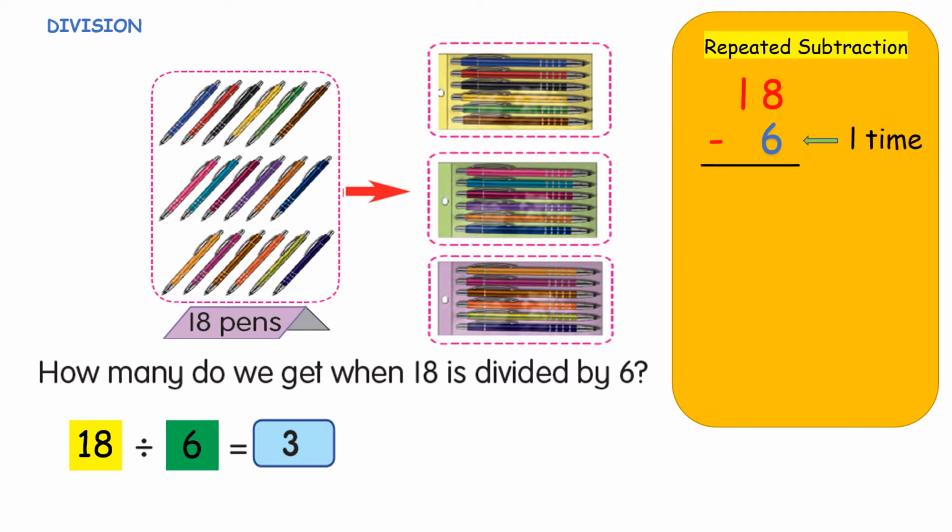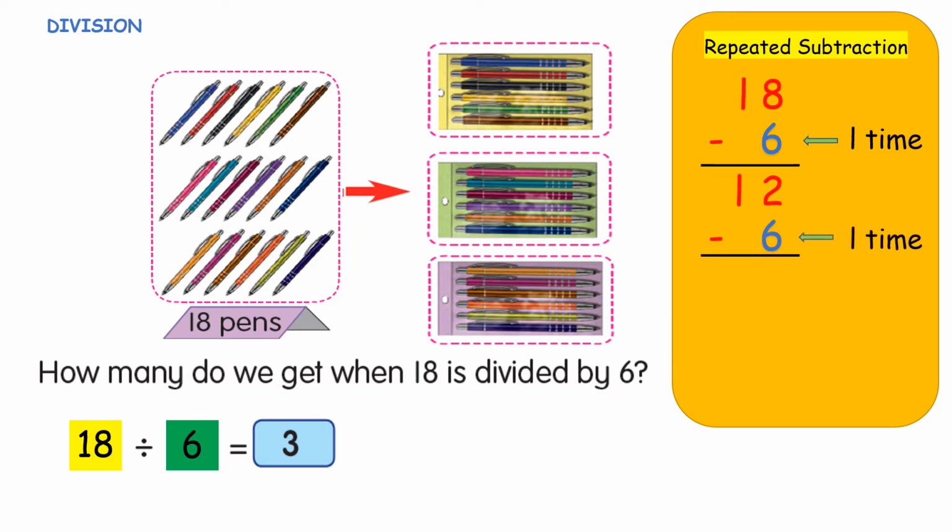So now 1 times 6. 18 minus 6 is 12. Here there are 12 pence left after we subtract 6. So we have to minus another 6 pence again.